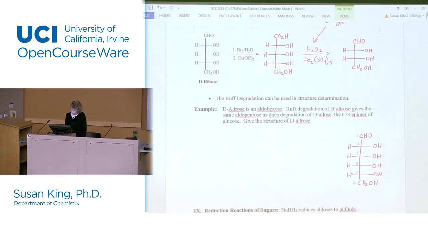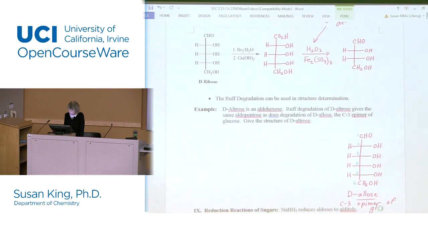So that's D-allose. And when I had to memorize all the structures of the sugars when I was a student, that was really easy to memorize because all of the hydroxyls are on the same side. But it sticks with you. That's one of the few I have memorized. Okay, so that's D-allose, which is the C3 epimer of glucose.